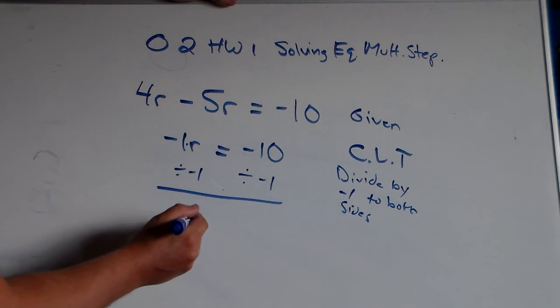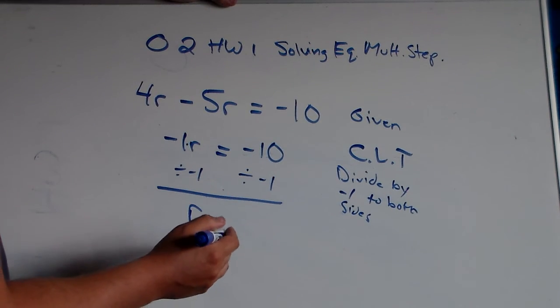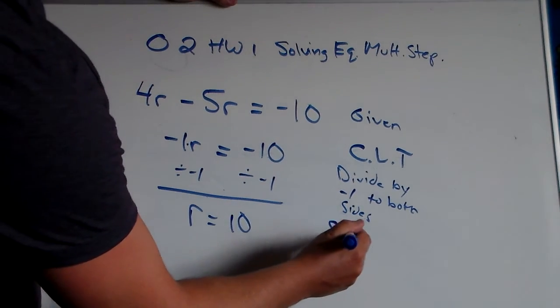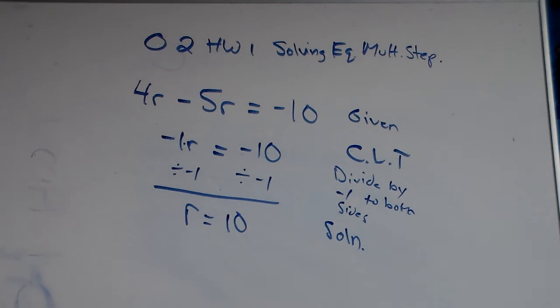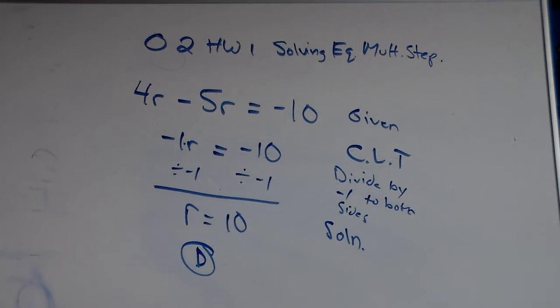Negative 1 divided by negative 1 gets you r. Negative 10 divided by negative 1 gets you positive 10. And that is our solution, which is D, 10. So our solution is D. For the multiple choice, the answer is D.